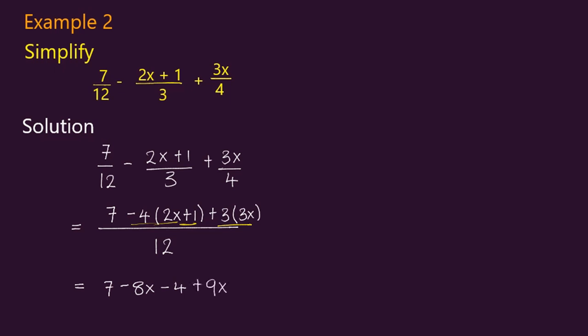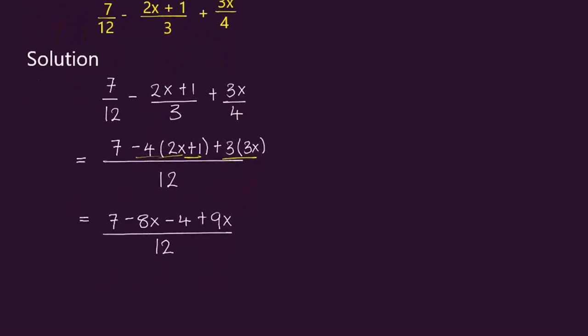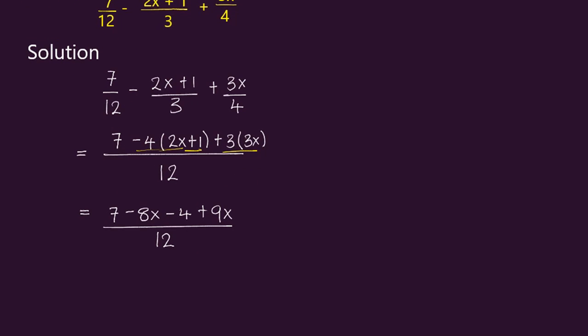This is all divided by 12. We can continue simplifying this. 7 minus 4 is 3.